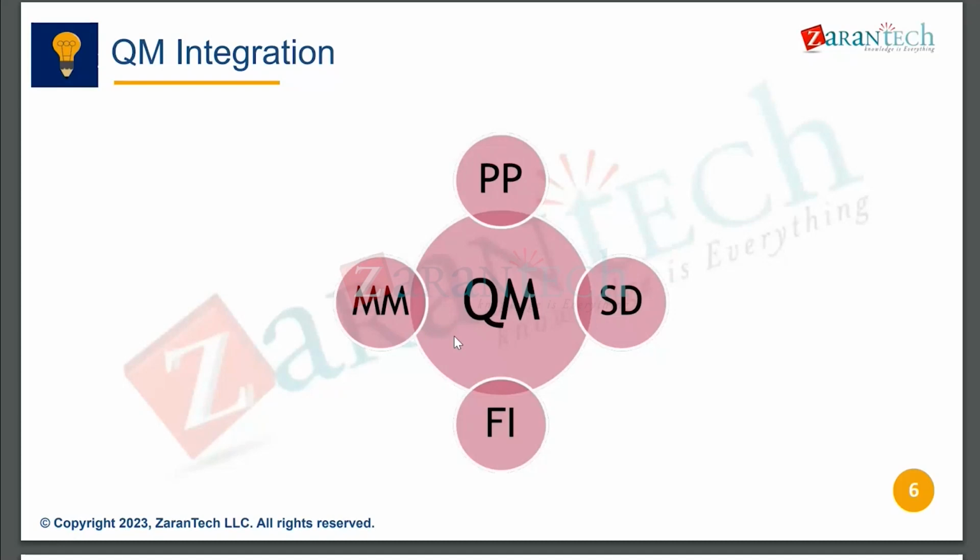Here we have an integration with plant maintenance, but the plant maintenance activities which we are doing, meaning the calibration part, is already within the QM. We have test equipment management as a separate process, where we cover all the quality relevant calibration activities.